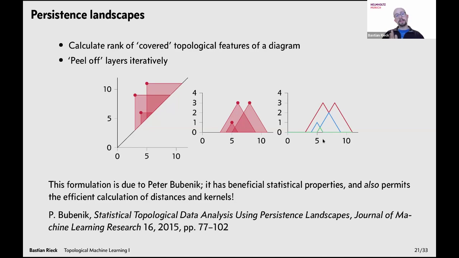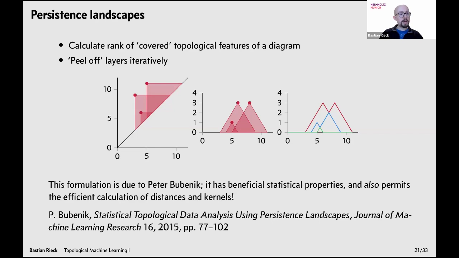This formulation is due to a paper by Peter Bubenik, and the great thing is that persistence landscapes have beneficial statistical properties, and you can also efficiently calculate distances and kernels. The minor drawback, I should say, is that if your persistence diagrams are very big, calculating all the layers of the landscape can take some time.